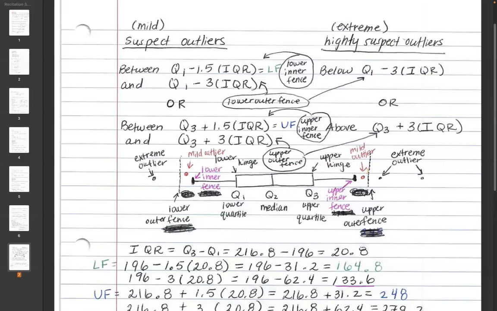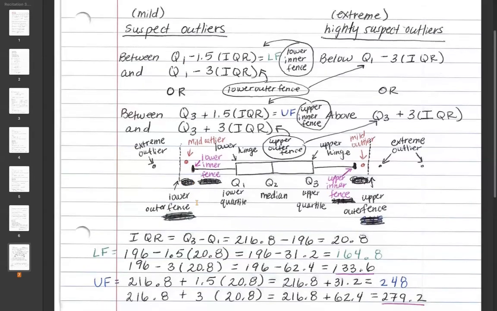And this dotted line here is the upper outer fence, calculated by Q3 plus 3 times the interquartile range. Excuse me. So if we have a suspect outlier or a mild outlier, that's an outlier in between this dashed line, which is the lower outer fence, and the lower inner fence.